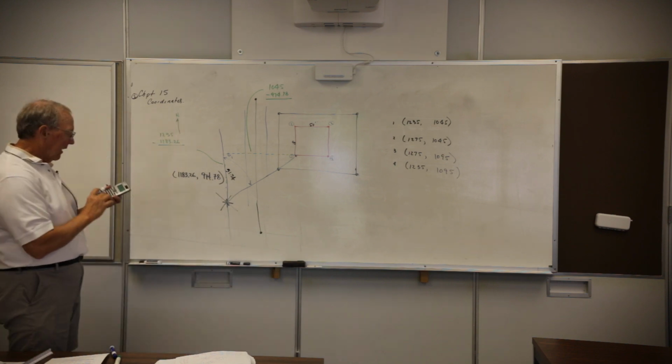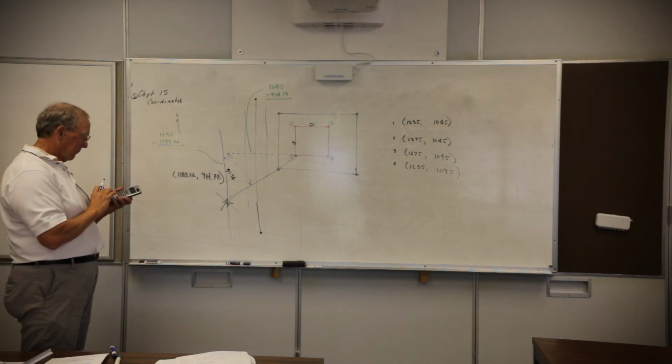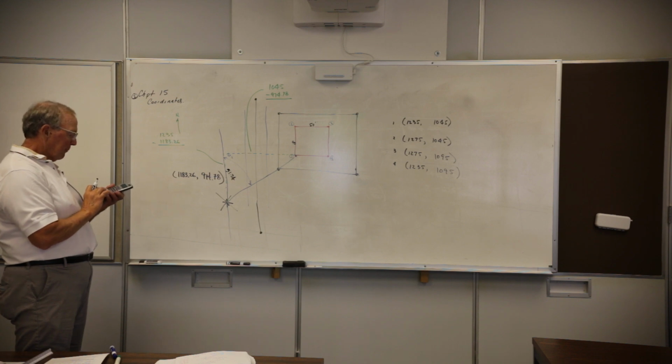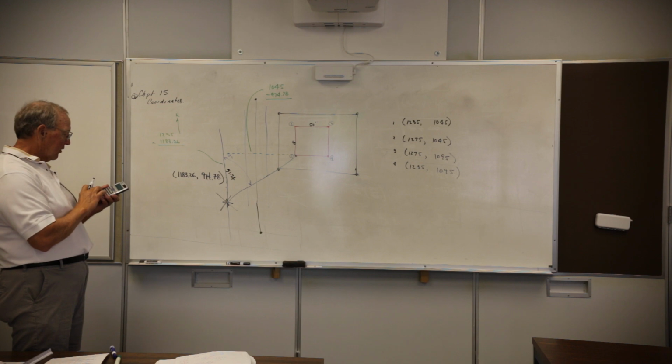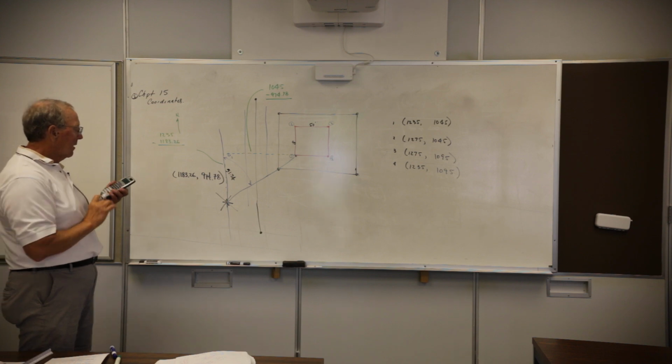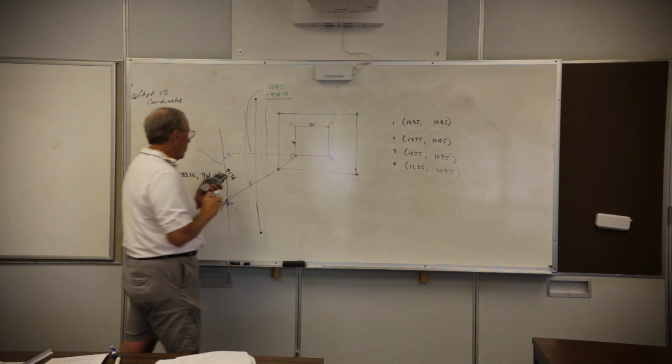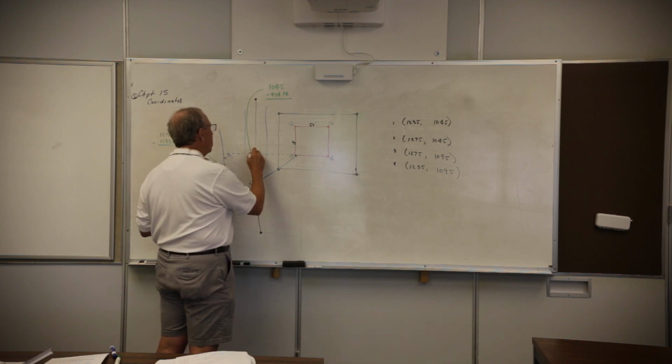Okay, Easterlings, take 1045 and subtract 974.78. That's 70.22.